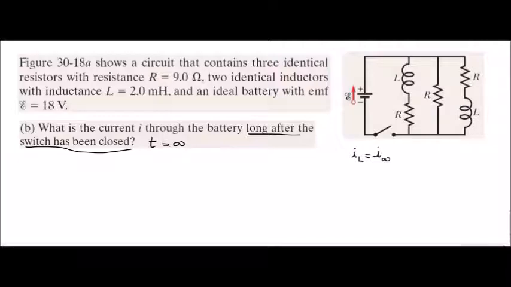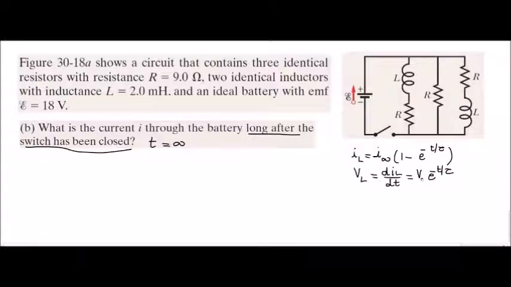I infinity times one minus exponential of minus t over tau. And we know tau. What is the voltage across the inductor? We said that it is L dIL over dt, which is a constant times exponential of minus t over tau.